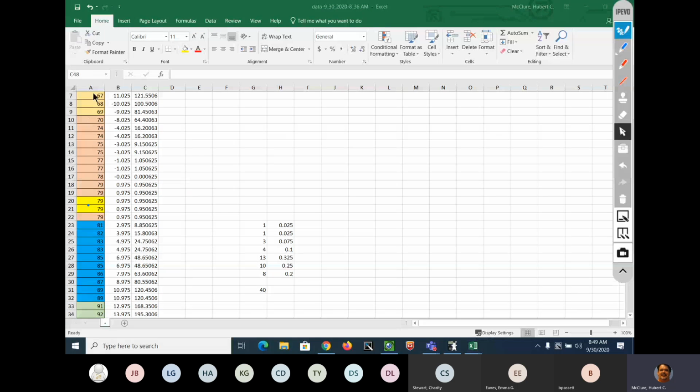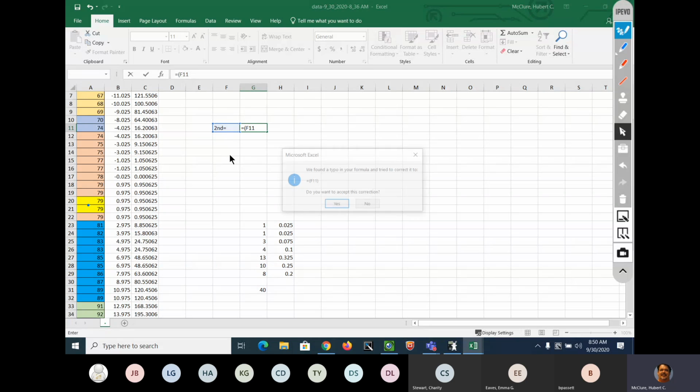So that means I'm going to highlight these 2. And that's going to be my first quartile. This question kind of took me off guard.